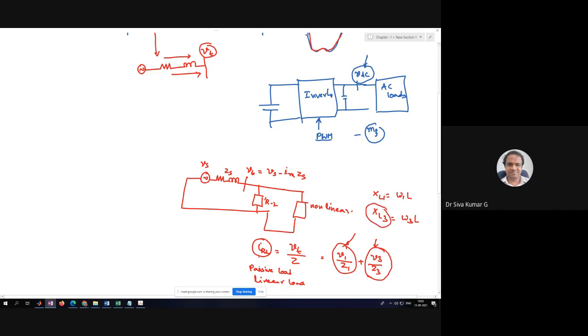My point is, because of a nonlinear load, the other loads are going to draw unnecessary current, the third harmonic current, which is not required. Because of that, there will be heating losses.